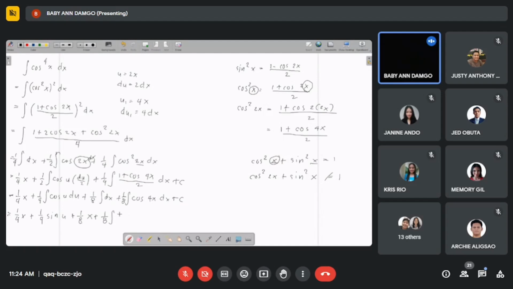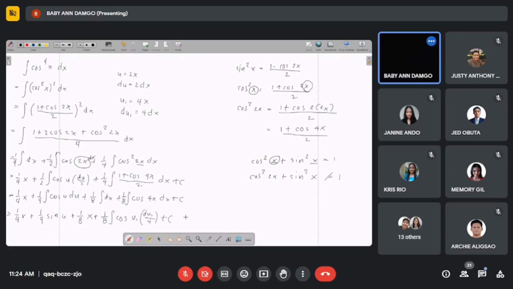So this is cosine u sub 1, and dx is du sub 1 over 4, plus c.